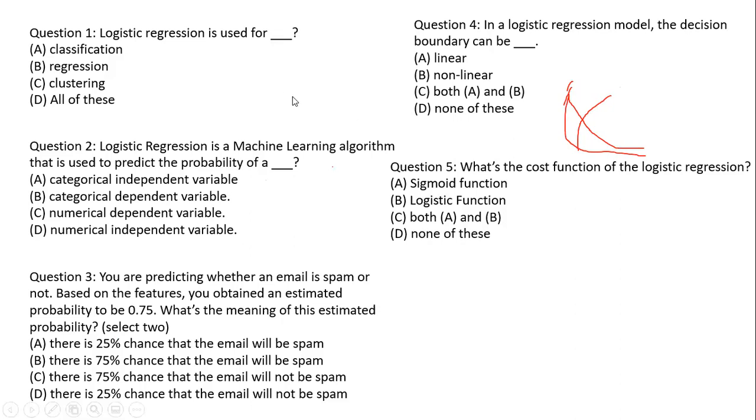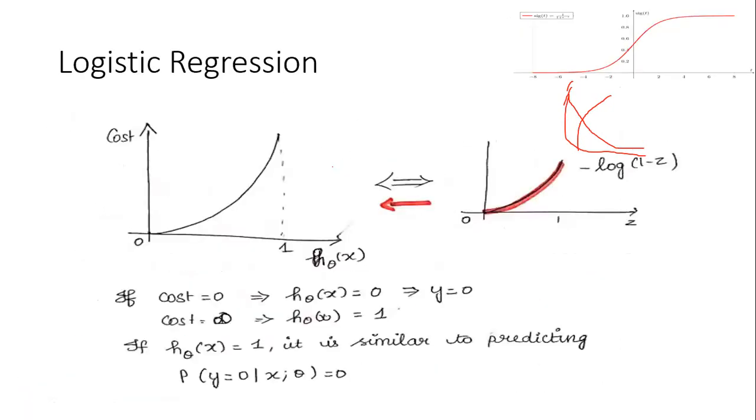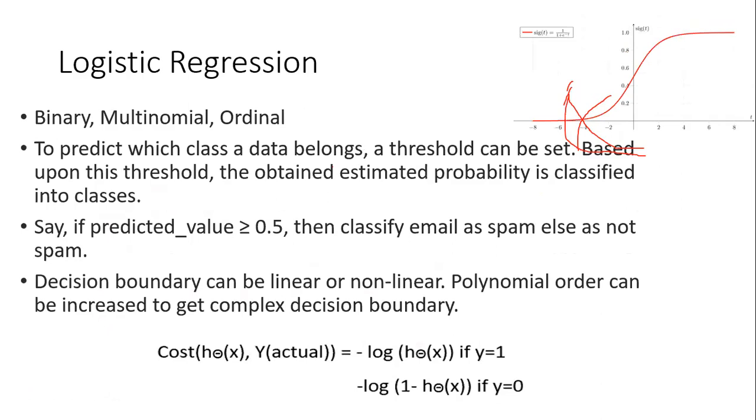If I see the formula for the cost function, the formula is based on the sigmoid function of theta x. So obviously the cost function is the log of the sigmoid. What is the log of sigmoid? What will happen by taking the log of sigmoid? The sigmoid is the S shape. So how is the shape going to change? Will that remain sigmoid or not? I don't know.